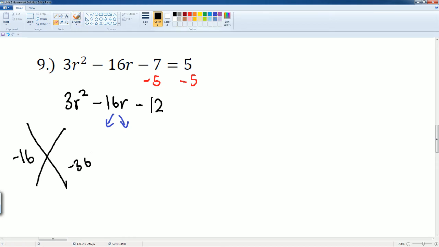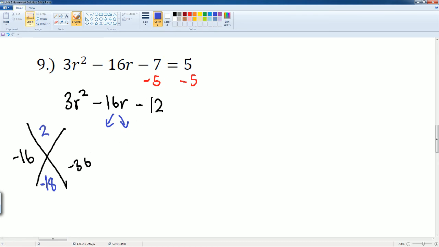Let's see: 1 and 36, no. 2 and 12, no. What about 18 and 2? Yeah, 2 and 18. So 2 added to negative 18 gets us negative 16, and 2 times negative 18 gets us negative 36.